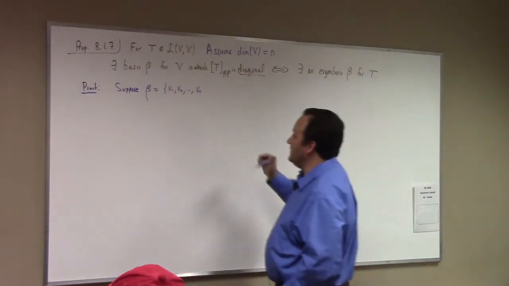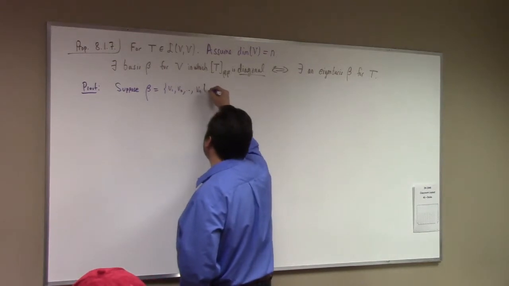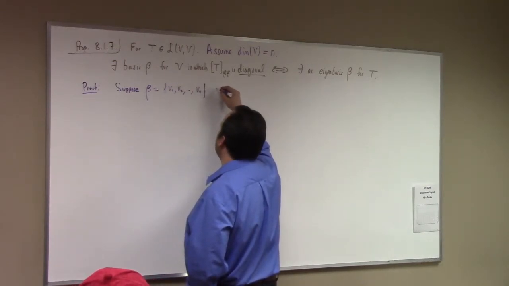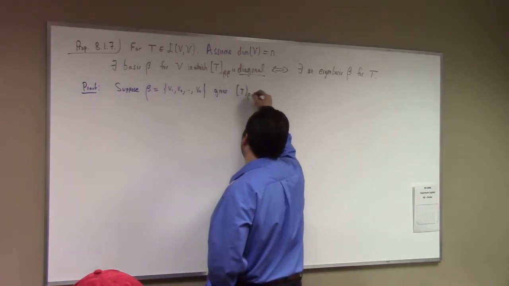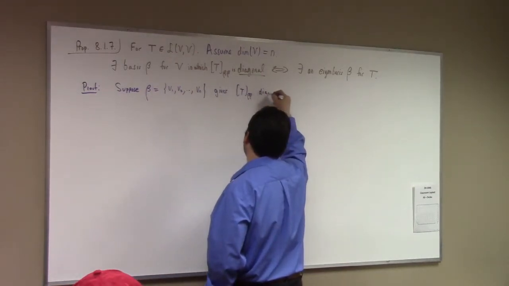Suppose beta, v1 through vn, is an eigenbasis. Excuse me. This gives T beta beta diagonal. What does that mean?